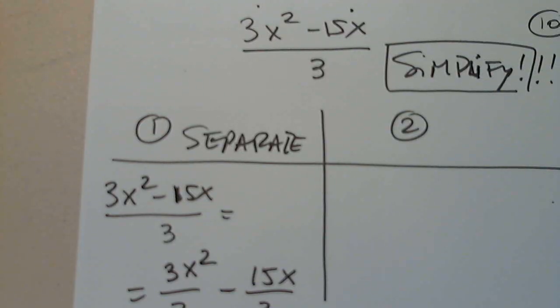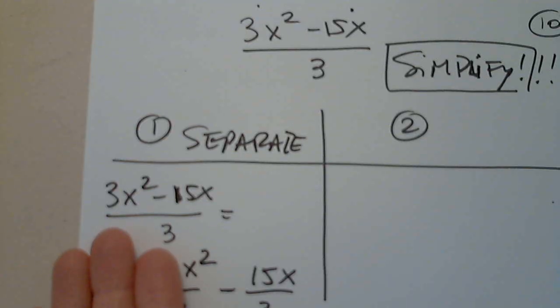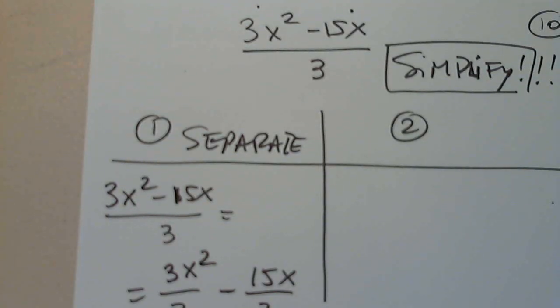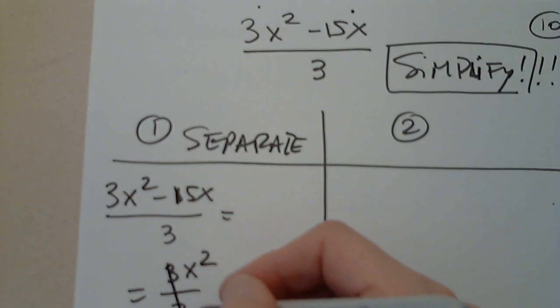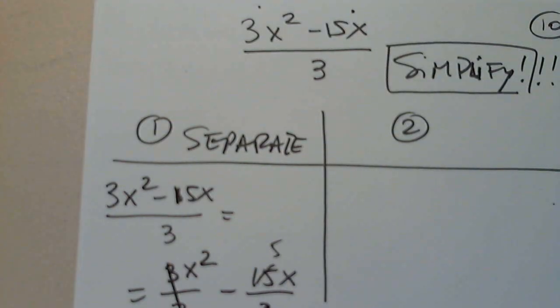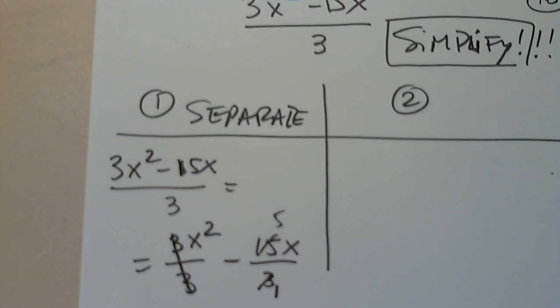It's the same thing. Two fractions with the same denominator. I can condense them like this, but I can also go back. Now I can simplify because I'm simplifying factors. So the answer is x squared minus 5x, and I'm done.